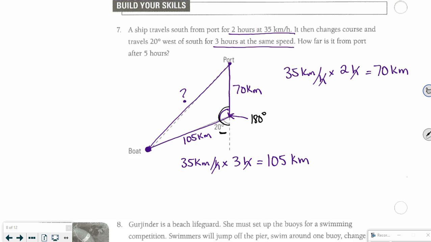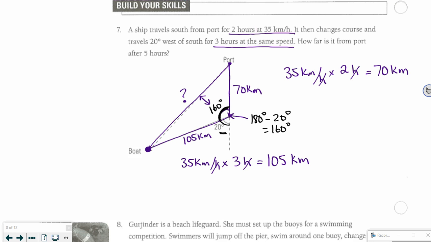I know that this bottom piece is 20 degrees, which means the rest of it, the part I care about, is 180 minus 20, which is 160 degrees. That's important because this is now the angle across from the side I care about, which means now I can use my cosine law to solve this.